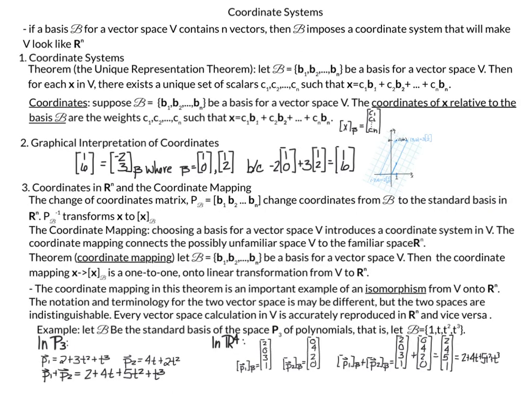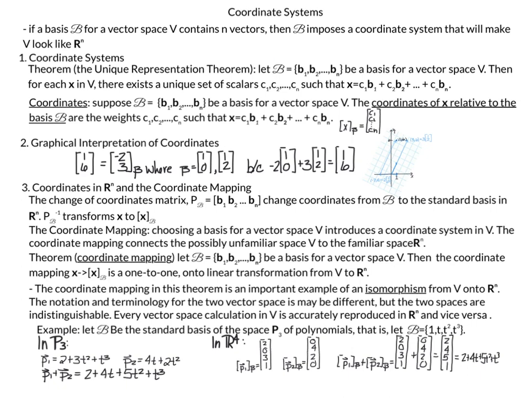So reviewing what we have discussed in this video, first we said that if we have a basis for a vector space containing n vectors, then B imposes a coordinate system, and that coordinate system is actually isomorphic to Rn. We started with the theorem of unique representation.